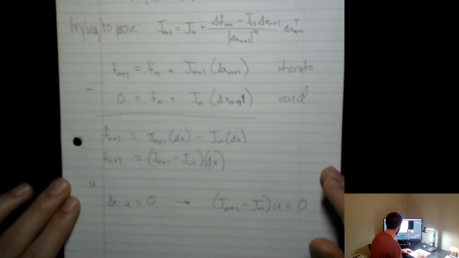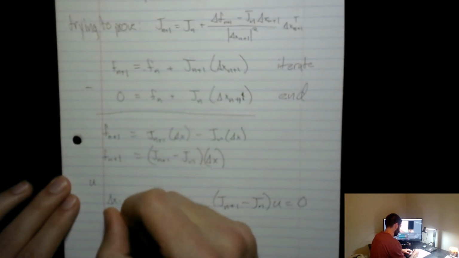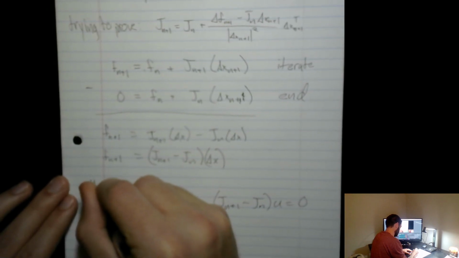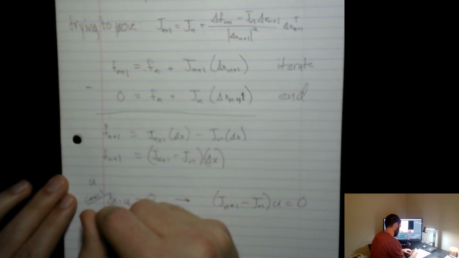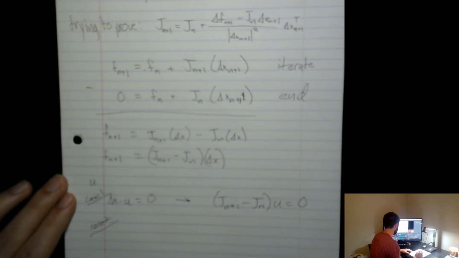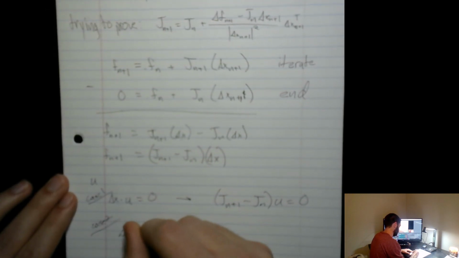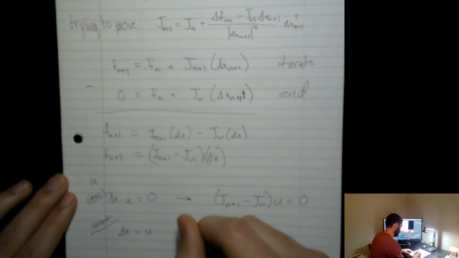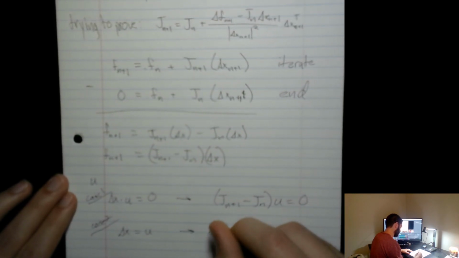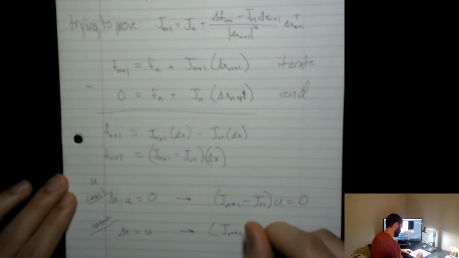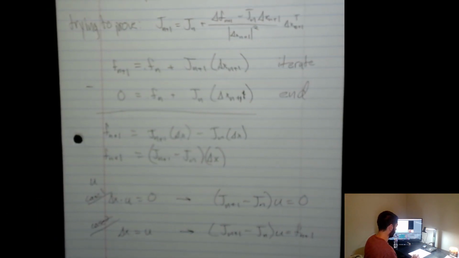And case 2 is when delta x equals u. In that case, j of n plus 1 minus j of n times u equals f n plus 1. In each case, we have something times u equals something.